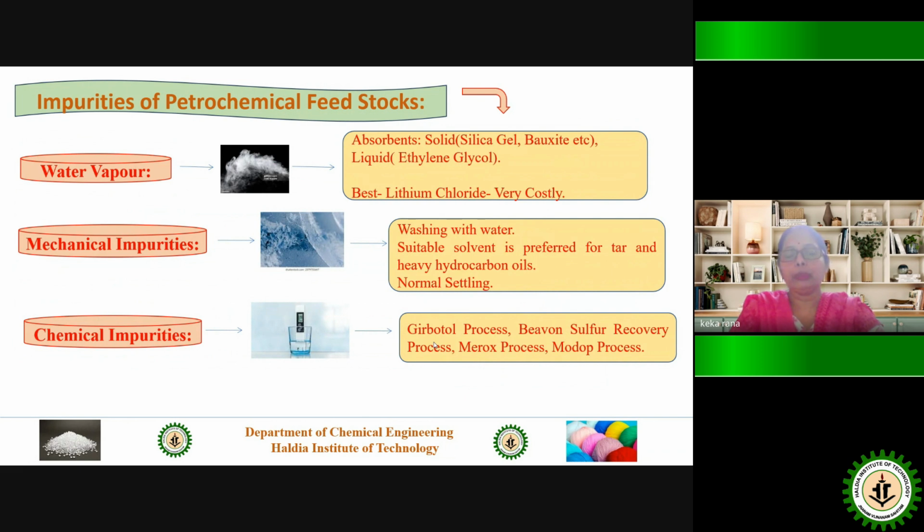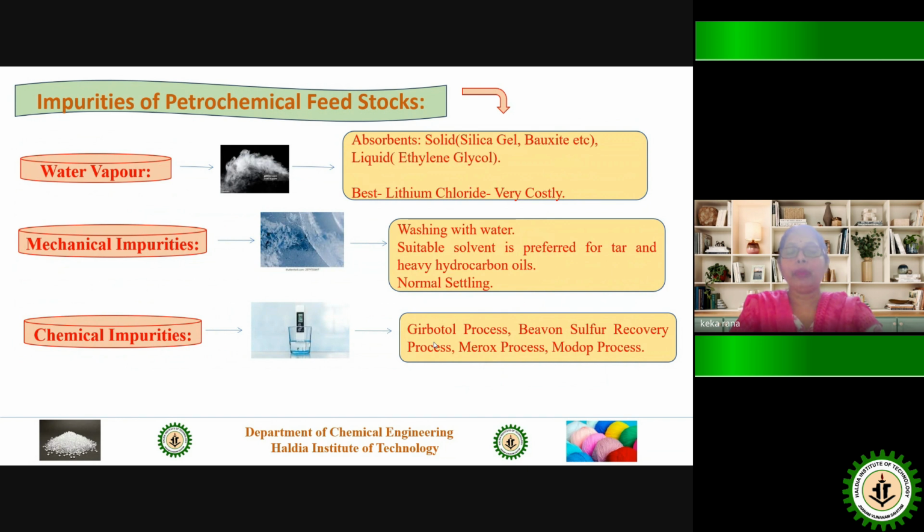We have to remove all these impurities because we cannot continue our process with them. We eliminate the water vapor by using different absorbents, maybe solid, maybe liquid. Among solids, very familiar examples are silica gel, bauxite, etc. Among liquids, there is ethylene glycol. The very famous name here is lithium chloride, which is the best absorbent for this purpose, but its high cost curtails its use.